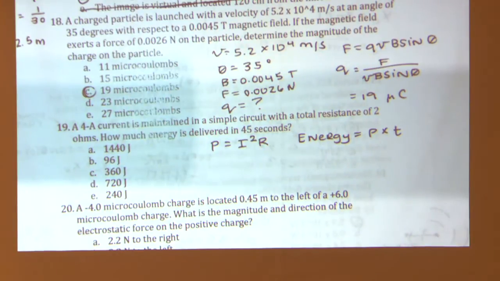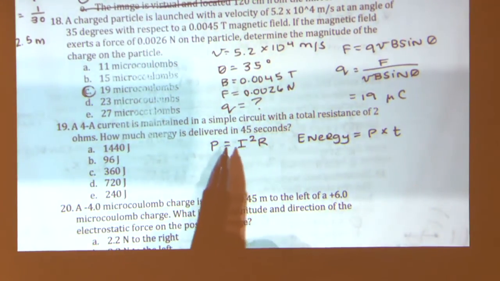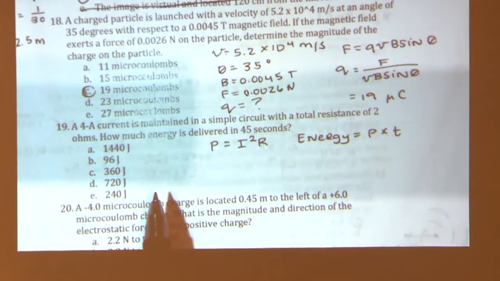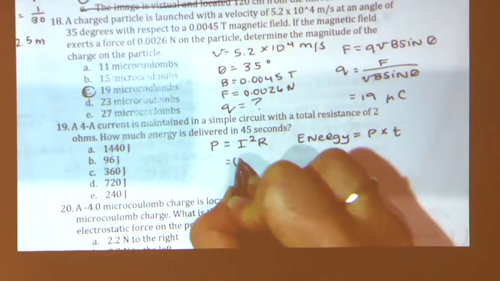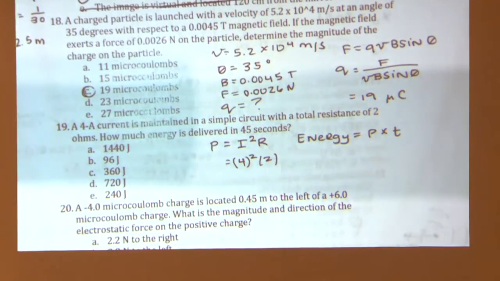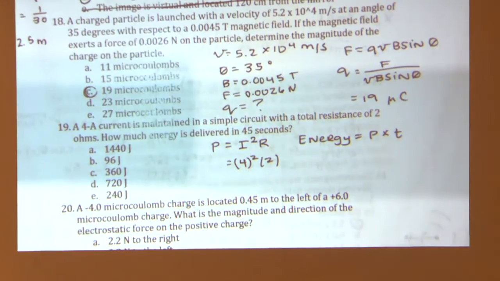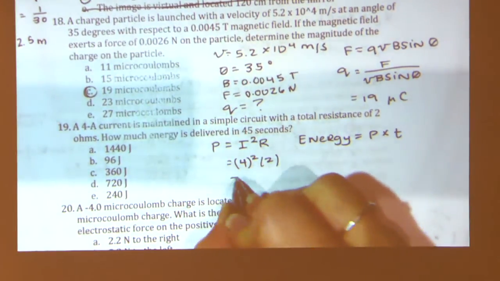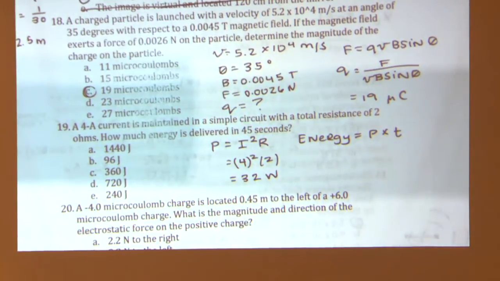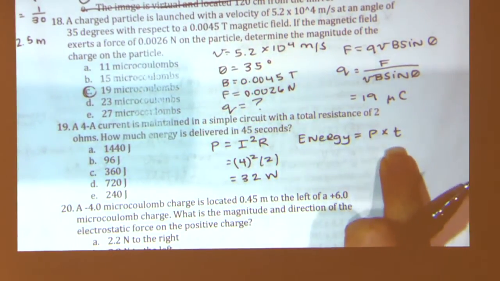So it gives us what we need to solve for power in general. We have a 4 ampere current and a resistance of 2 ohms. So that'll be 4 squared times 2, which is 16 times 2, around 32 watts. And then we can use this power to solve for the energy.